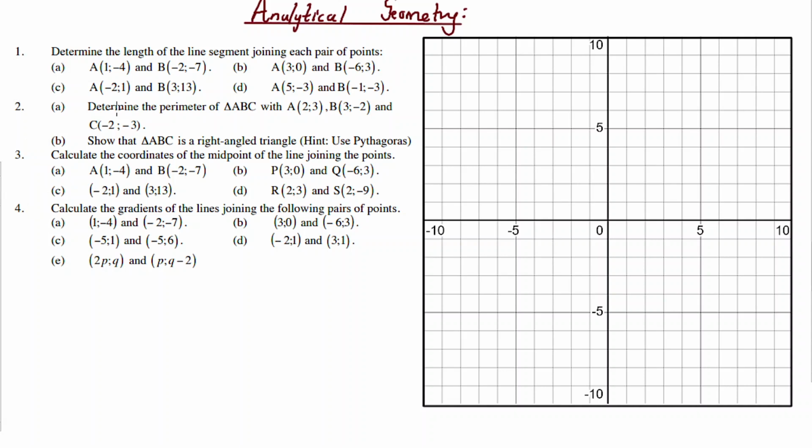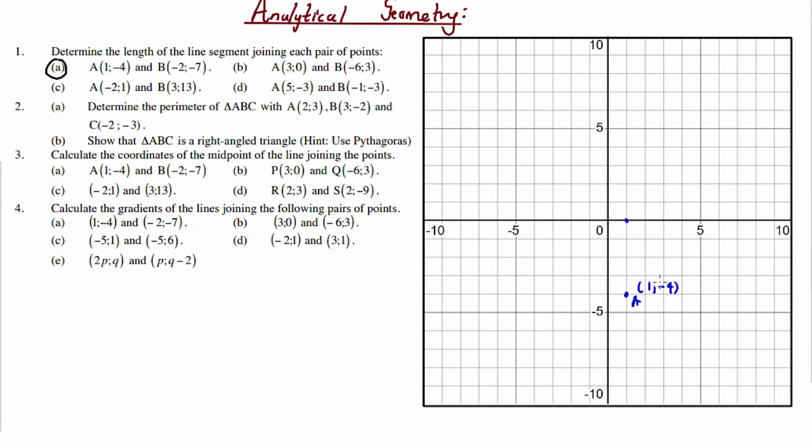So for number 1, it says here, determine the length of the line segment joining each pair of points. We are given a pair of points. We are given point A, which is 1 and minus 4. So 1 is here, and then minus 4, it's 1, 2, 3, 4, minus 4. This is point A, the coordinate 1 and minus 4.